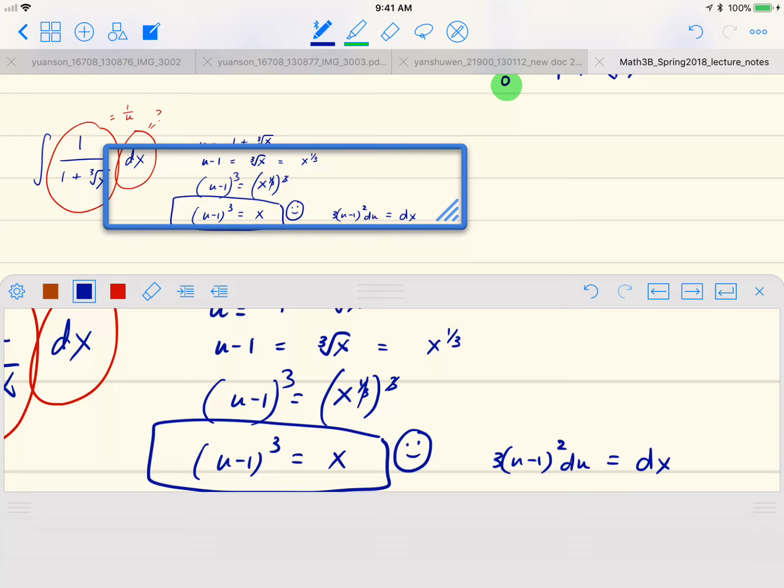So right there, we can go ahead and write our entire u substitution.